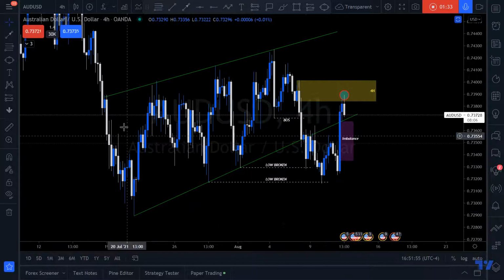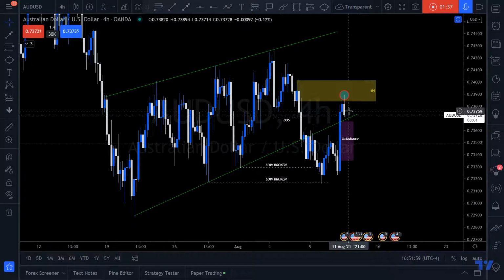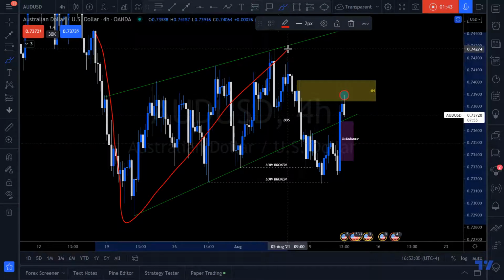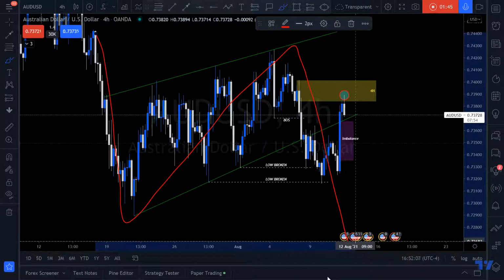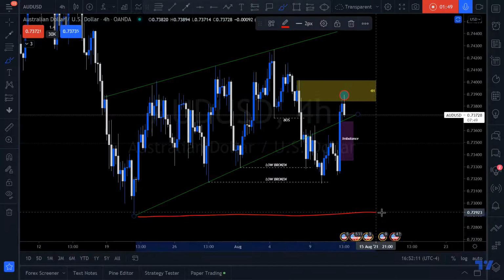And what do we expect in a bear flag? We expect price to do this, boom. And we're hoping that price will come down to the measured move.